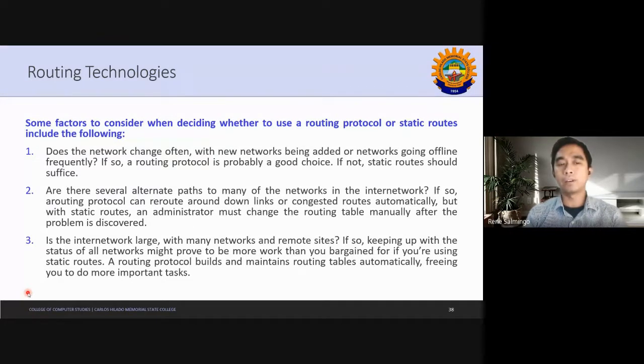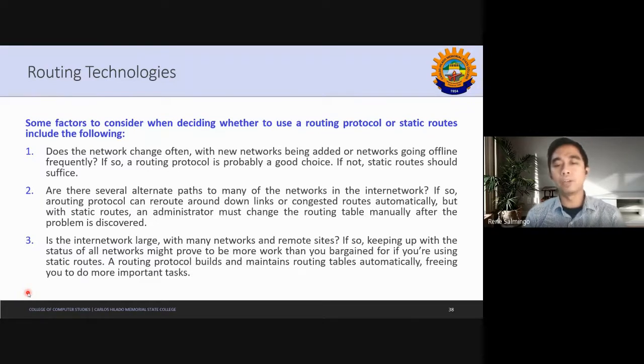The last question that we're going to ask is, is the internetwork large with many networks and remote sites? If so, keeping up with the status of all the networks might prove to be more work than you bargained for if you're using static routes.